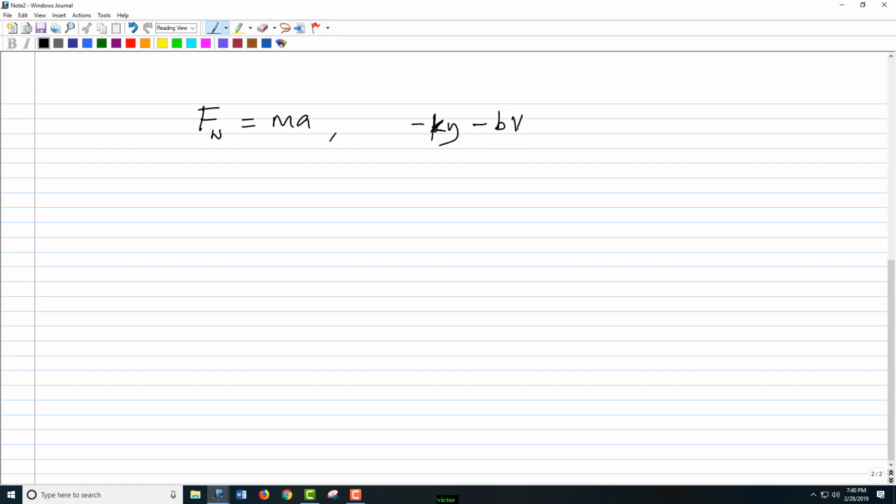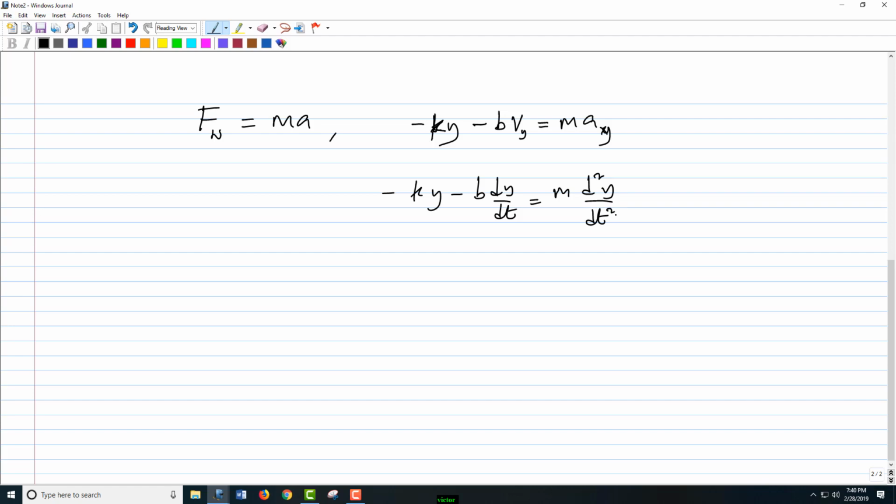So minus ky minus bv in the y direction will be equal to m times a in the y direction, the acceleration along the y-axis. Okay, so the motion is in the vertical direction. So we can write minus ky minus b times dy/dt equals m d squared y/dt squared.